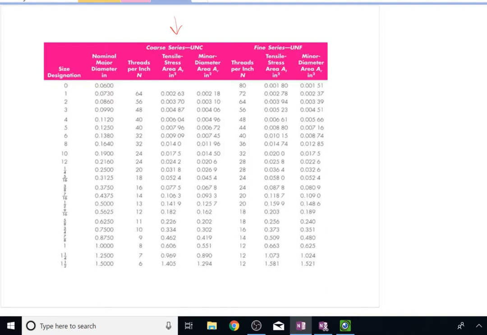Again, table 8.1 and 8.2, although they're presented here at the beginning of chapter 8, have nothing to do with power screws. So table 8.1 and 8.2 don't apply to power screws.